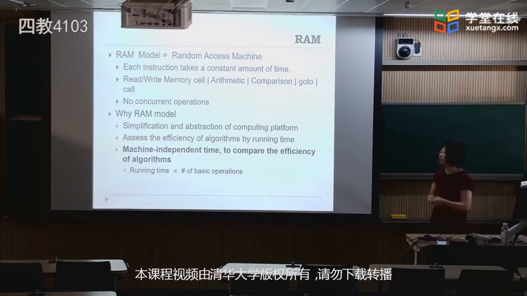This RAM model is a simplification and abstraction of computing platform. So if we use the number of basic operations to measure the running time of your algorithm, this measurement is machine independent, and we can compare the efficiency of algorithms directly and precisely.